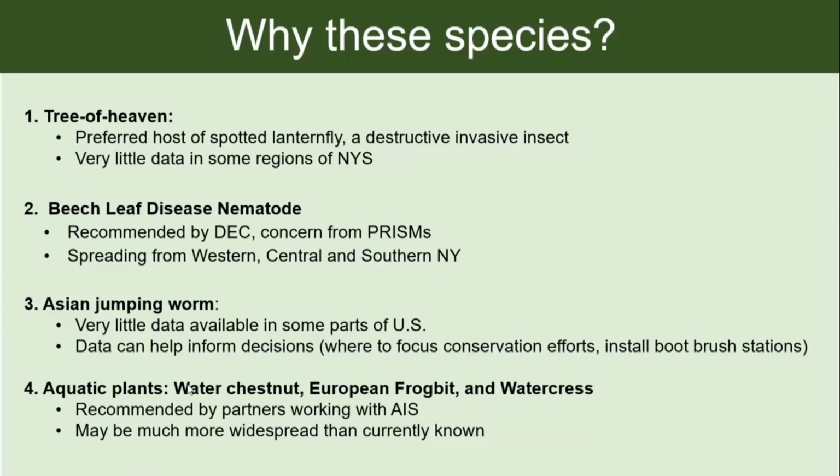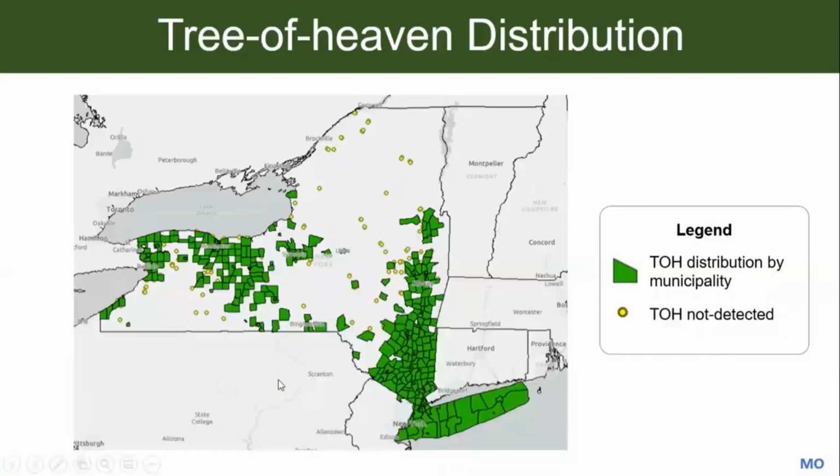So as an example, I'll just do a really quick spiel on Tree of Heaven, since we won't focus on that for our ID portion of the webinar today. I'll just give a quick version. But you can see on this map, there are several regions of the state where Tree of Heaven is pretty widespread. The green is indicating municipalities where Tree of Heaven is present.